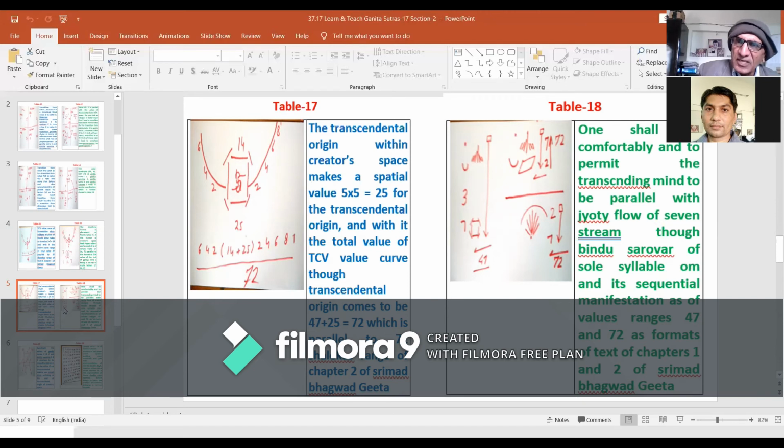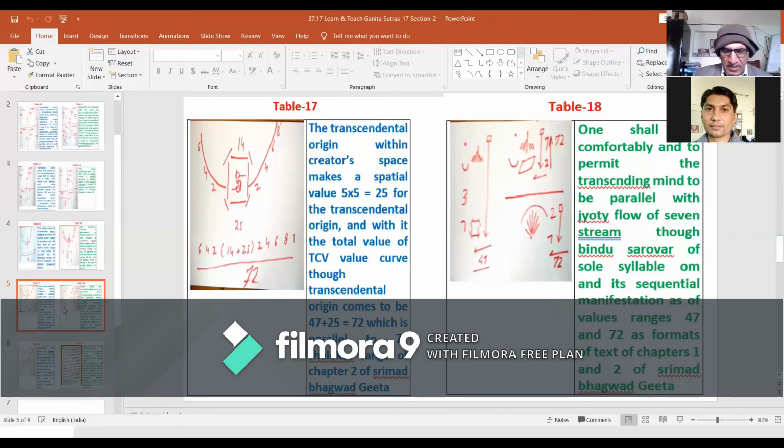This sequential unfolding process, which goes parallel with the organization of the text of Srimad Bhagavad Gita, is truly very, very blissful. And it is this blissful reach, blissful attainment of the Ganita Sutras which deserves to be imbibed.